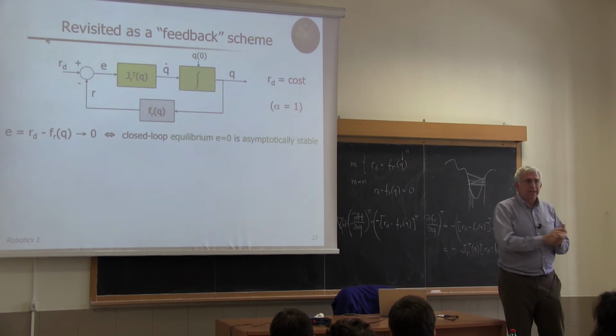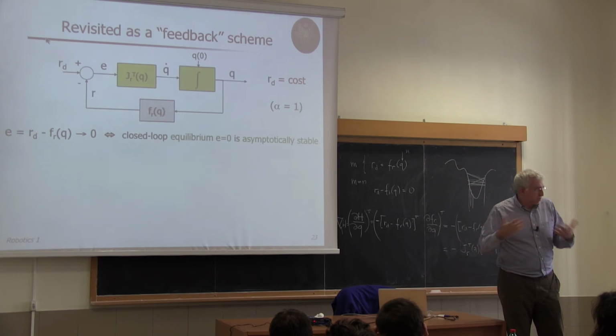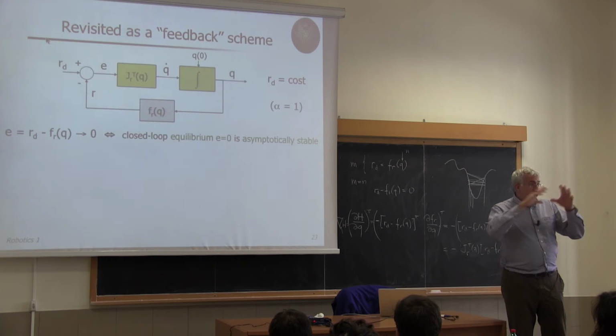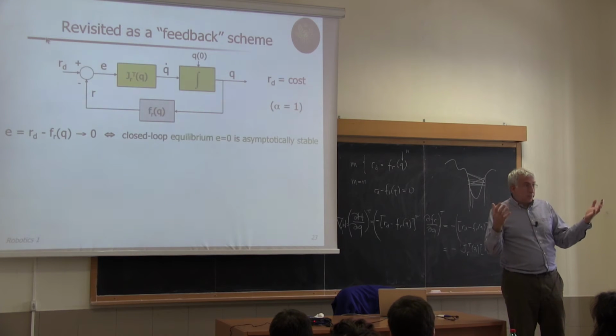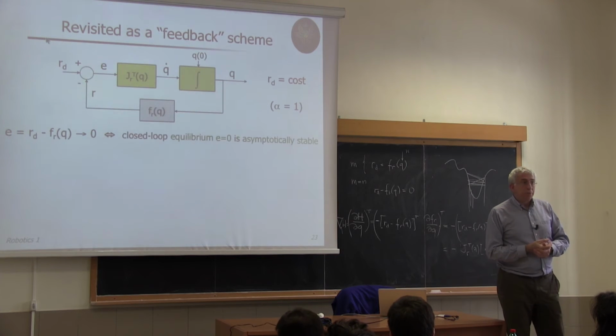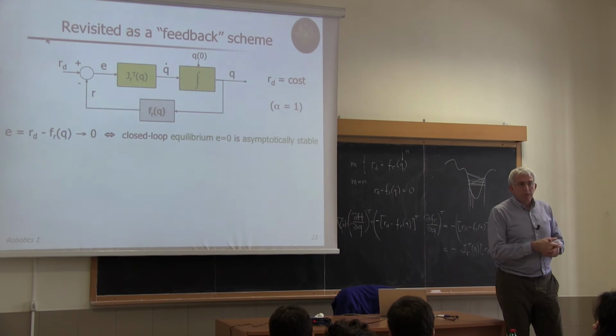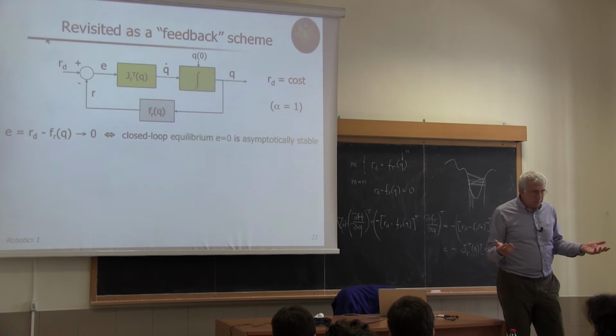If these are in the left-hand side of the complex plane, then this is asymptotically stable. Or if we are given a state space expression, we look at the eigenvalues of the closed loop matrix. If these are, again, complex with negative real part, then we have asymptotic stability.